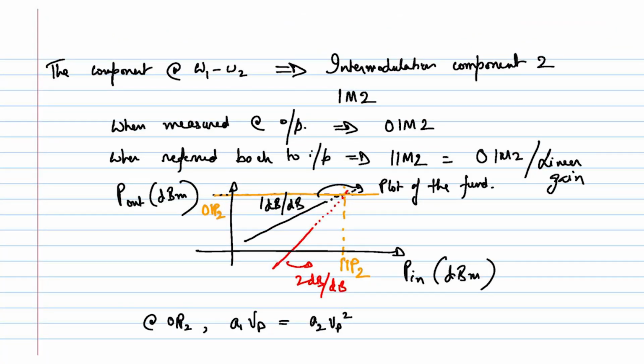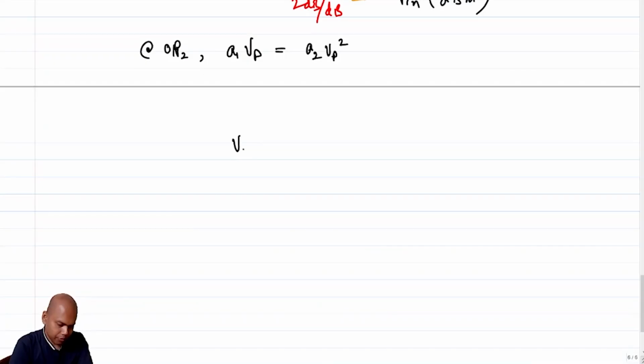So, which essentially means that Vp is equal to A1 by A2, right?